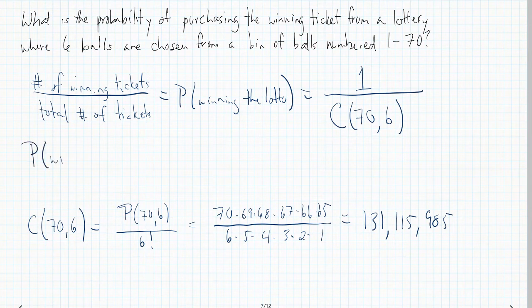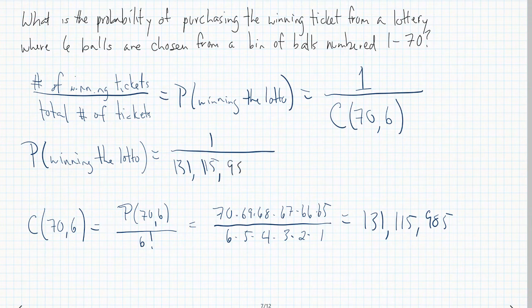So your probability of winning the lotto is 1 over 131,115,985.